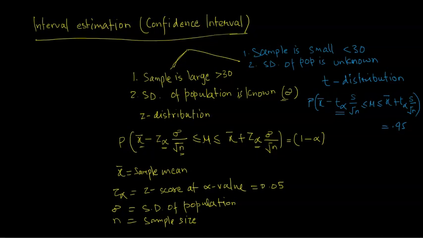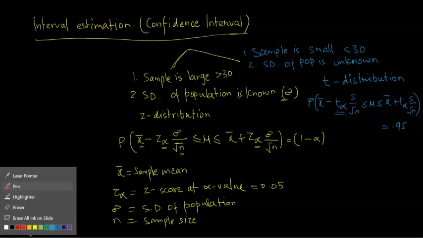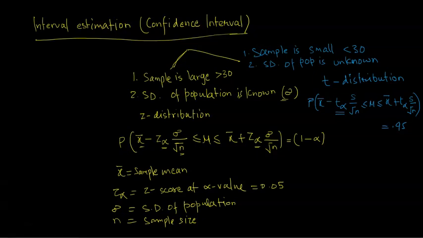Now, in this entire formulation, what do I understand is that sigma divided by square root n is called the standard error. Just put that like this. Standard error, also called sampling error.